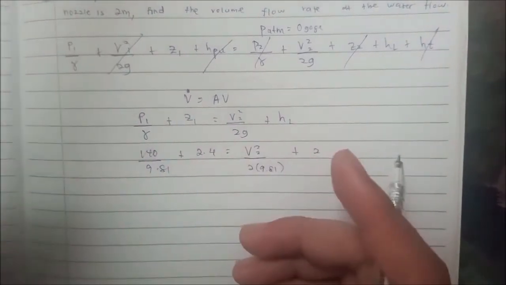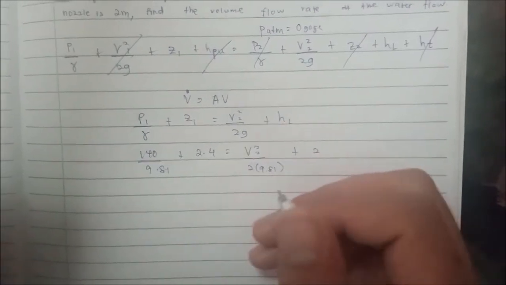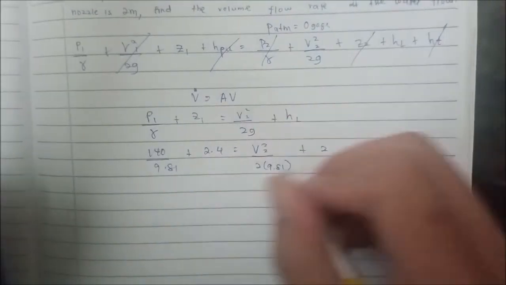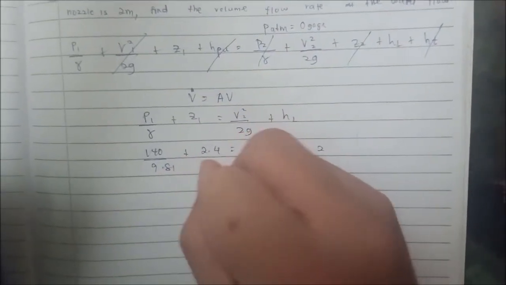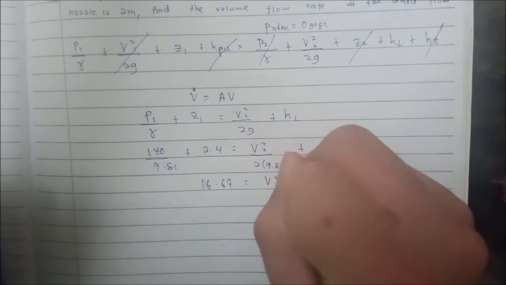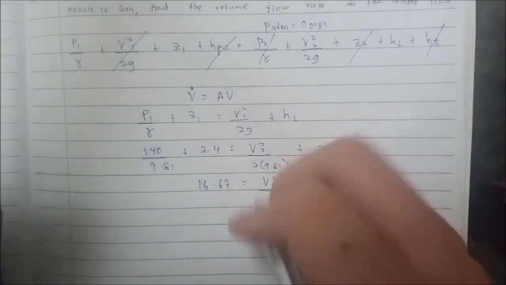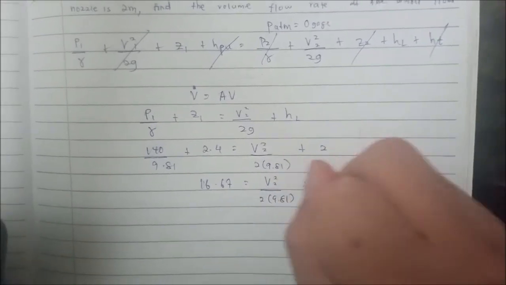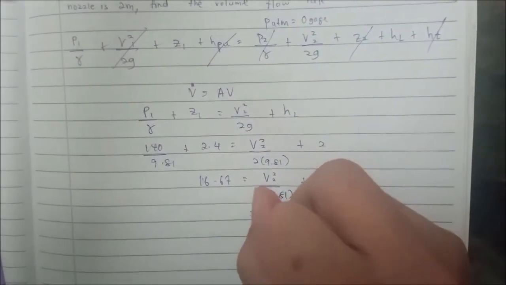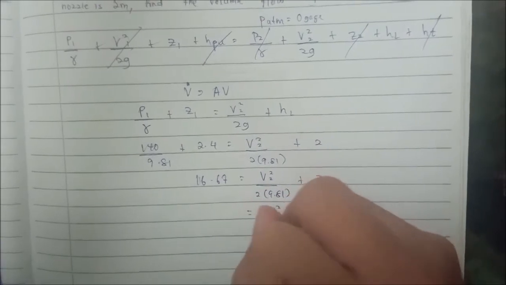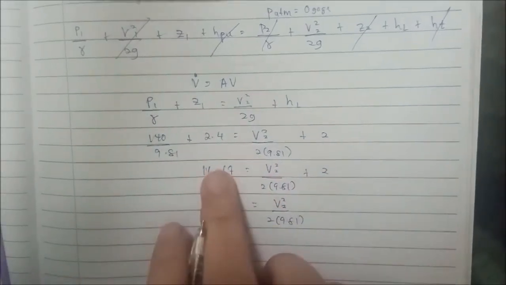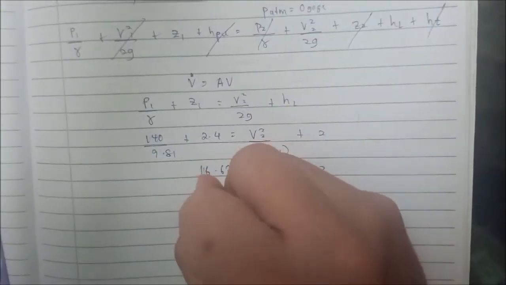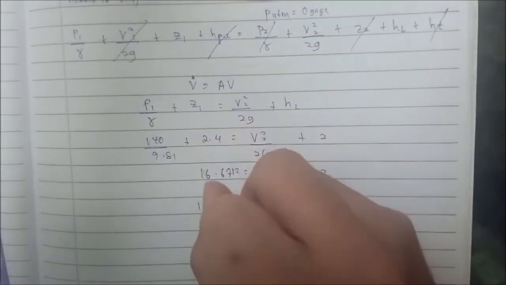So we get 16.67 equal to V2² over 2 times 9.81, plus 2. So V2² over 2 times 9.81 can get, minus 2, we get 14.67 into 19.62.